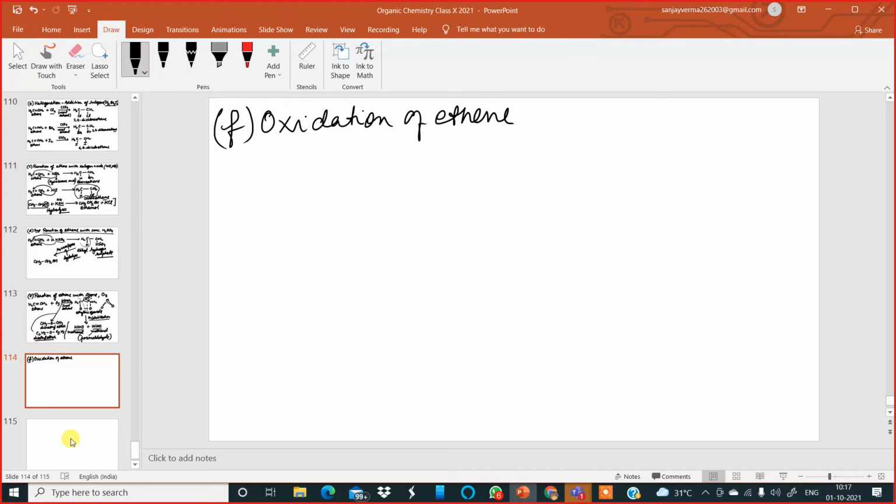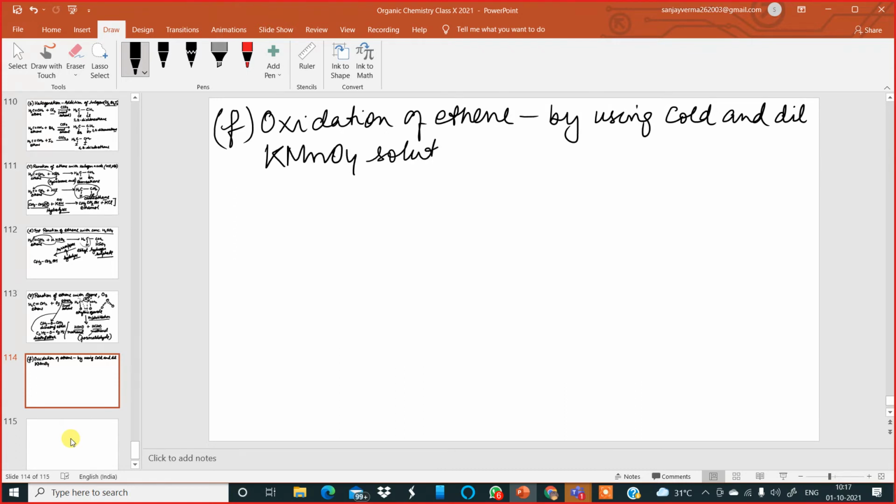Ethene by using cold and dilute potassium permanganate solution. Okay.